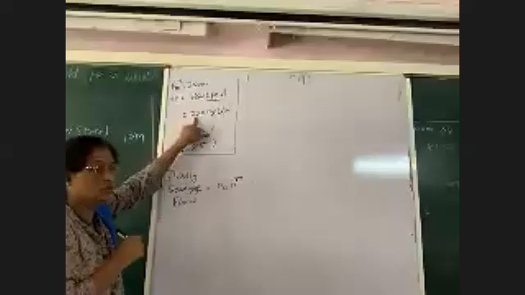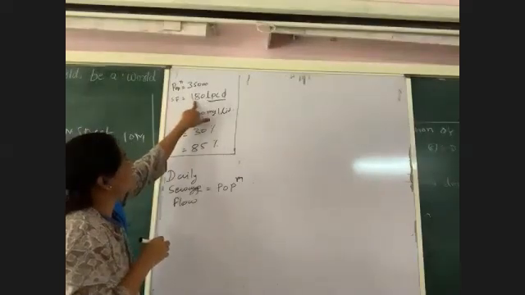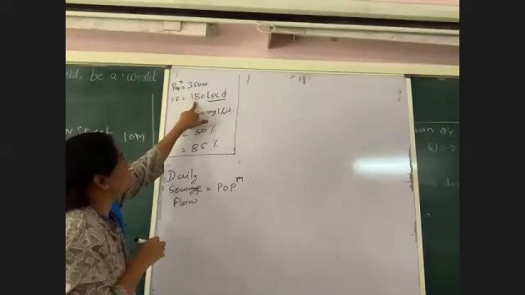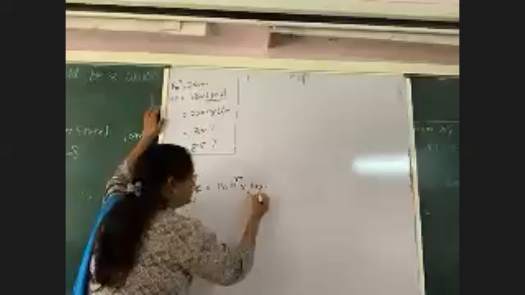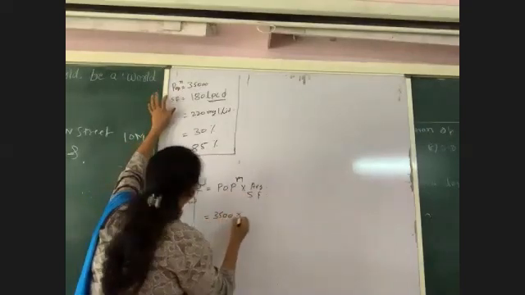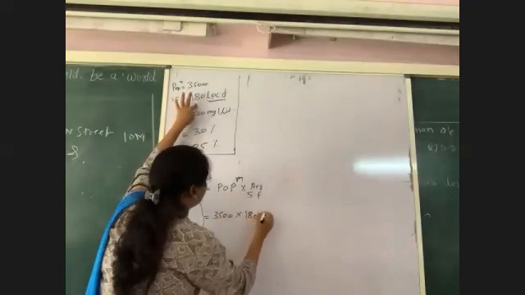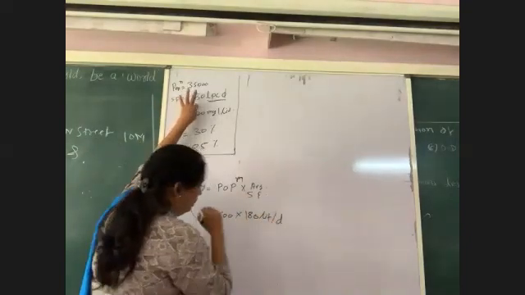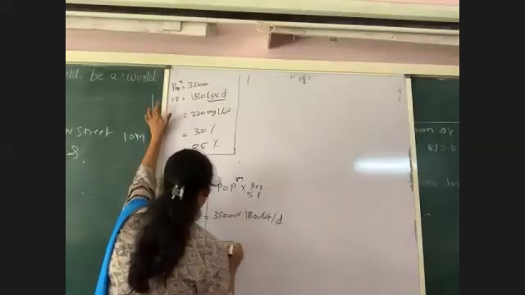Population into average sewage flow is equal to 35,000 into 180 liter per day. Population is 35,000. Now calculate the daily sewage flow.